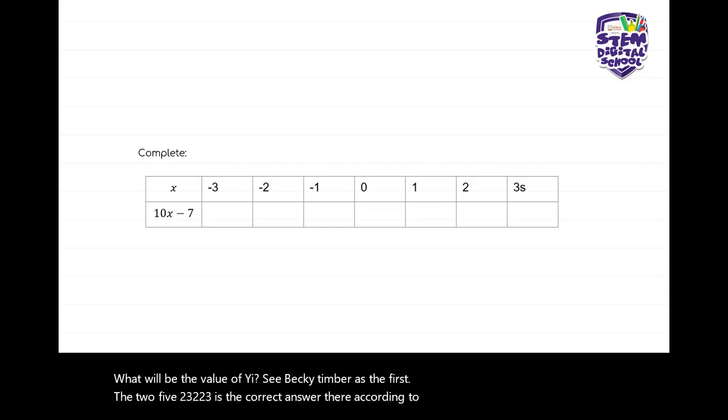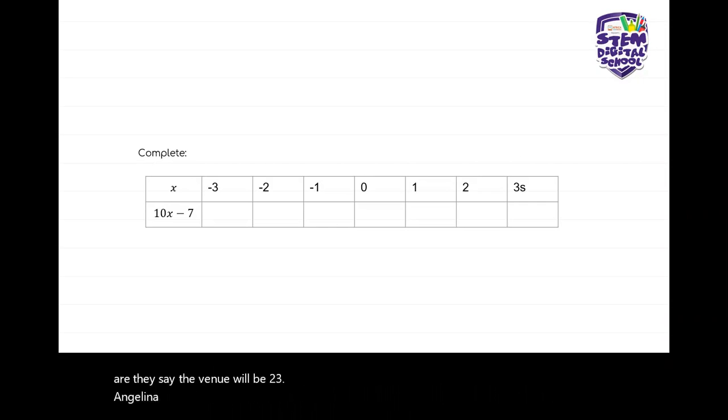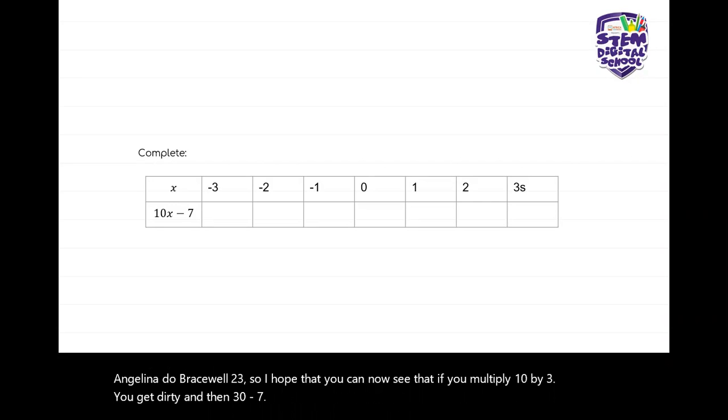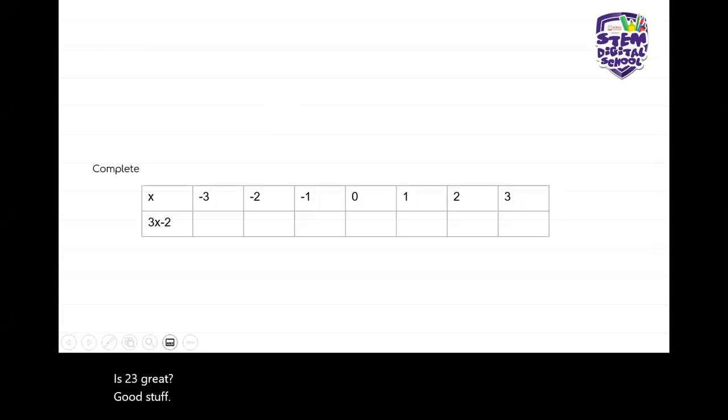Becky Temba, together with Huapele and Humo, say the value will be 23. Angelina Dube as well, 23. So I hope that you can now see that if you multiply 10 by 3, you get 30. And then 30 minus 7 is 23. Great stuff. So we are having another activity before we can move to the new class activity.